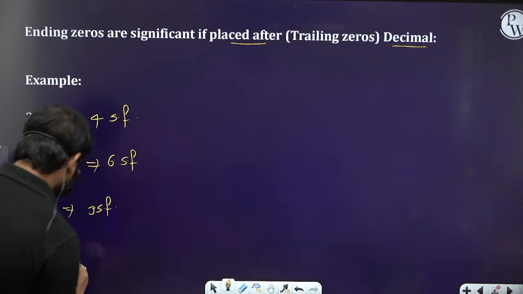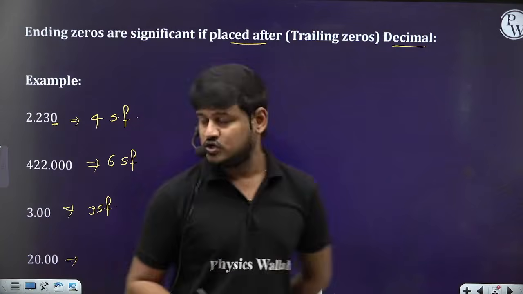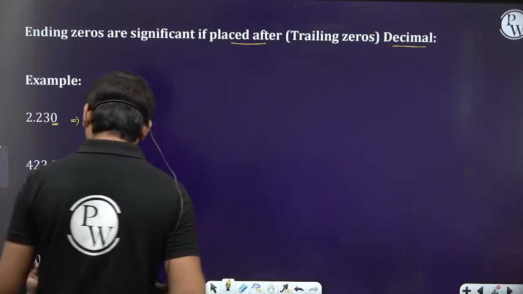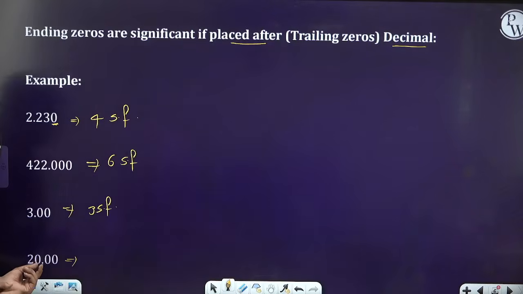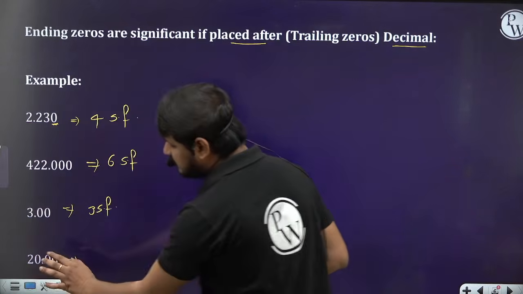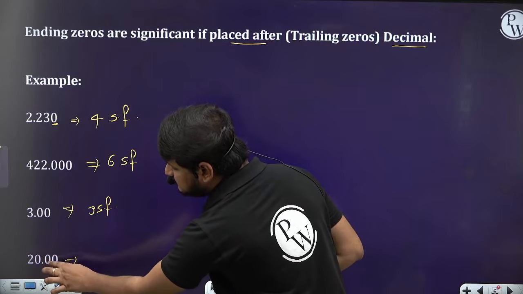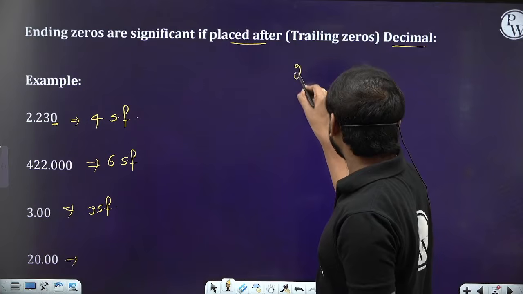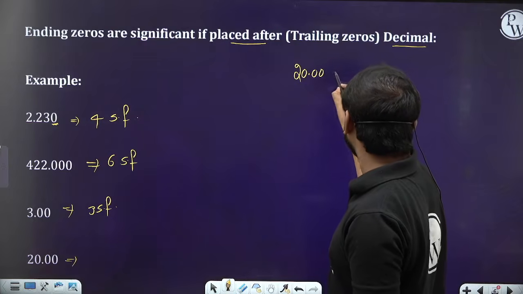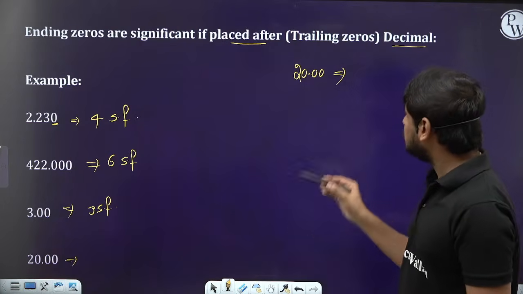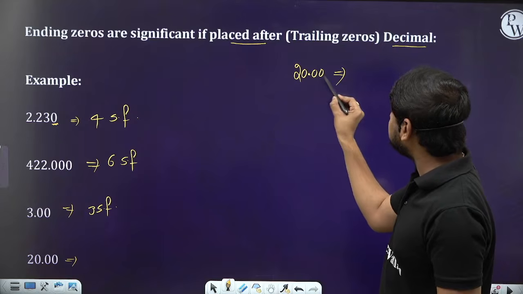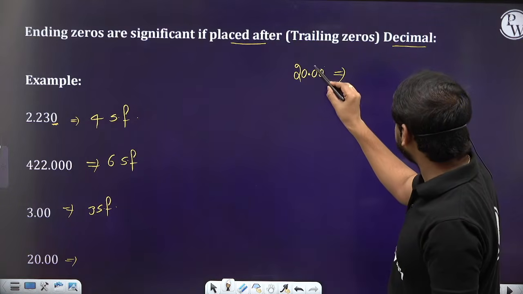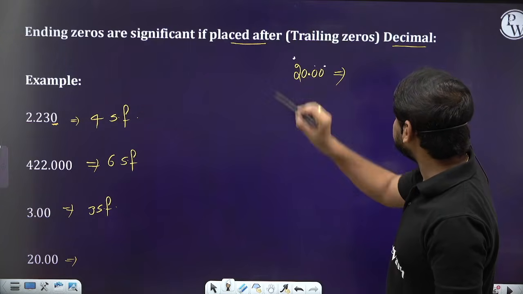Try to understand this example, 20.00. How can you write this one? 2 is a significant figure and then 0 is a significant figure, and after the decimal the ending zeros are significant. So in 20.00, this one is significant and this one is significant, and 2 is also significant.